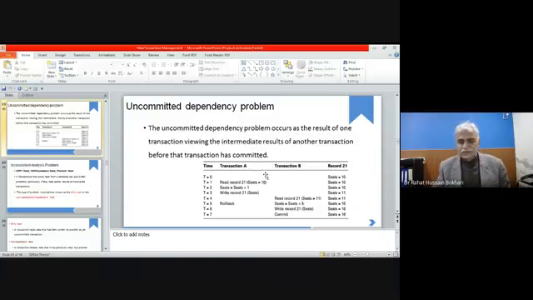It happens only when a transaction is viewing the data from another transaction that is still in progress and not completed. So the intermediate results may be read, and in that manner the data may not be good.